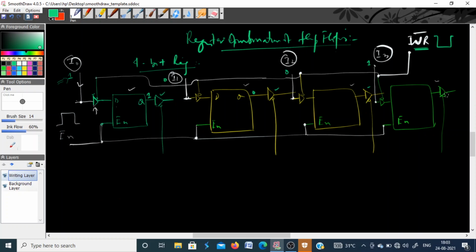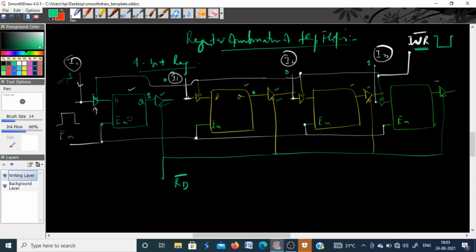If you want to read some information from this, if you want to read these 4 bits, what you have to do? You have to activate now this output buffer for all the flip-flops. So for that, again you have to connect them together. These must be tied together with a single control signal, that is read.